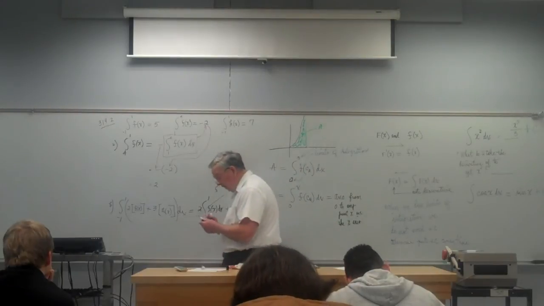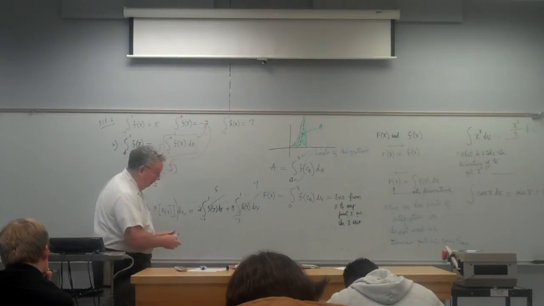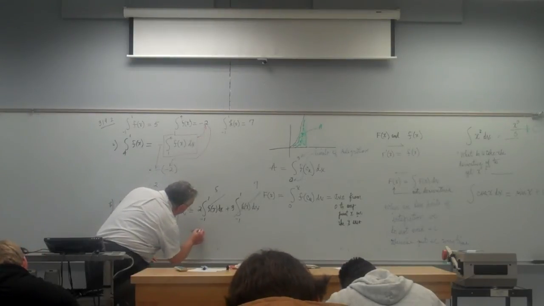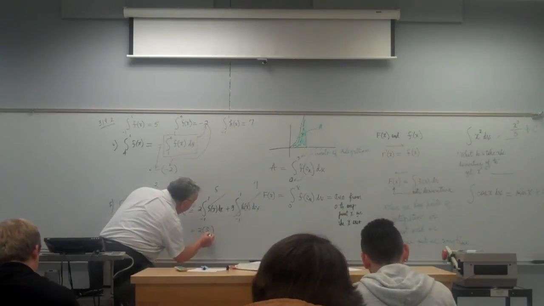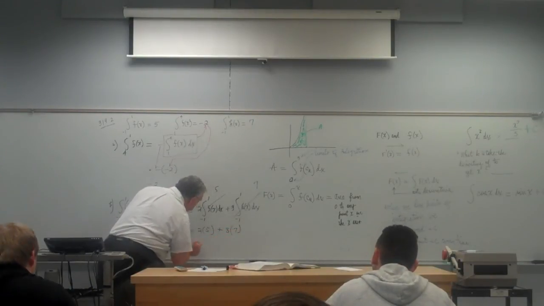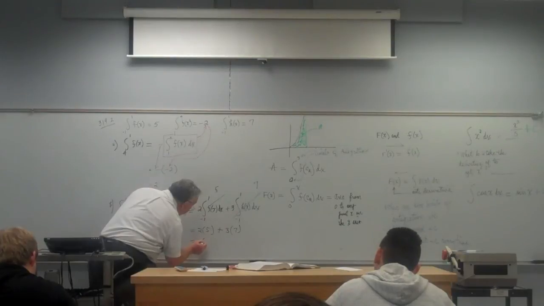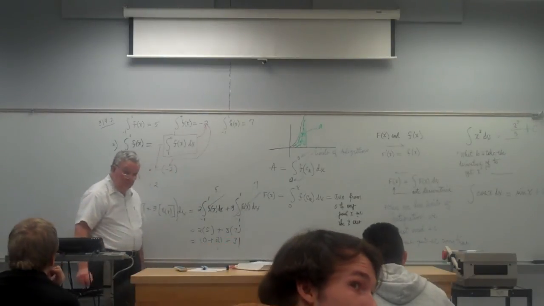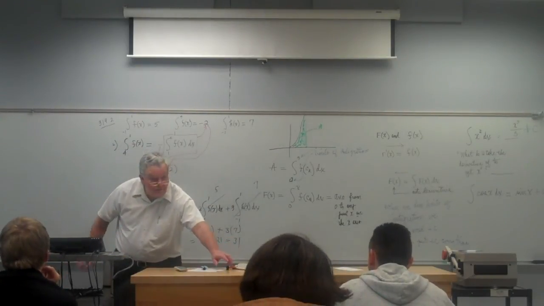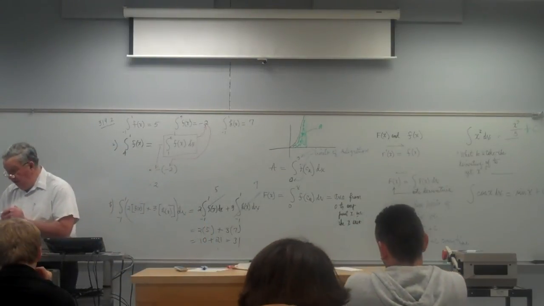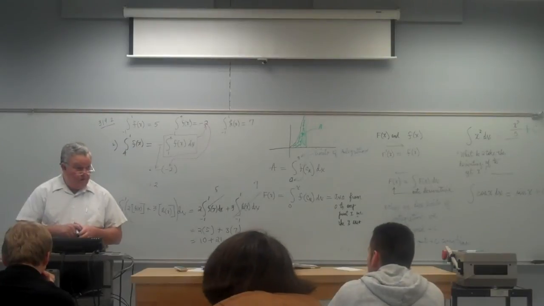So don't I then have 2 times 5 plus 3 times 7, which is 10 plus 21, which is 31. Isn't that good? And you knew that without me even giving you any rules for integration because you knew it was a sum.